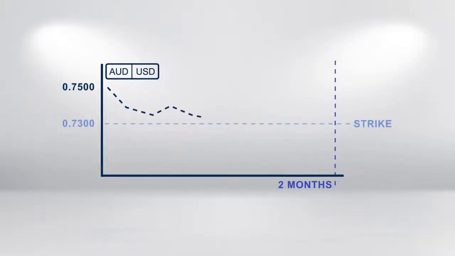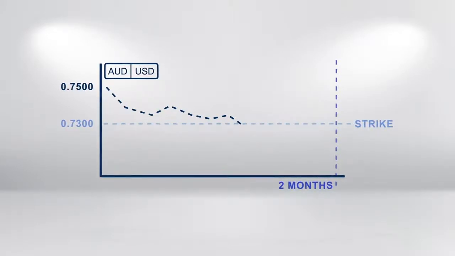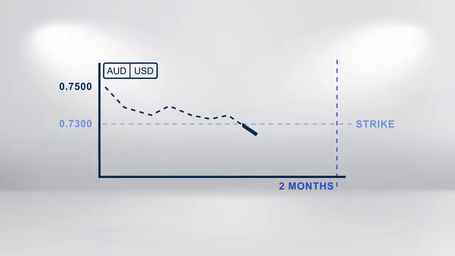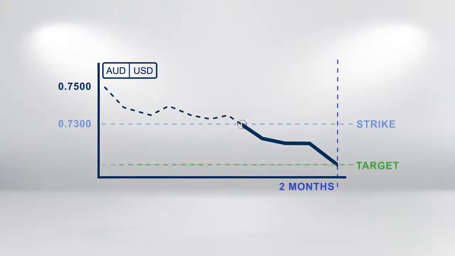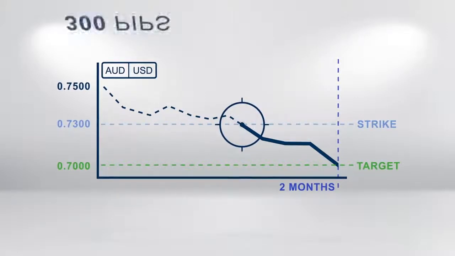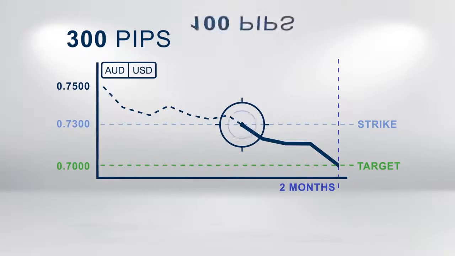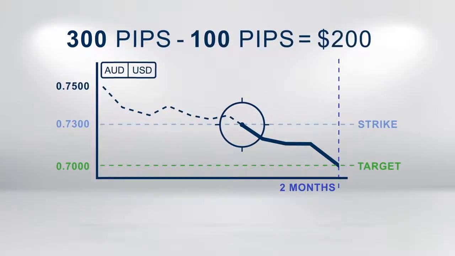At any spot level above 0.7300, we can just let the option expire, which leaves us without a position. The max loss is capped at 100 pips. Should Aussie dollar reach our target after 2 months, we can then exercise the option and sell at 0.7300. The strategy will earn us 300 pips minus the 100 pips we paid for the option.